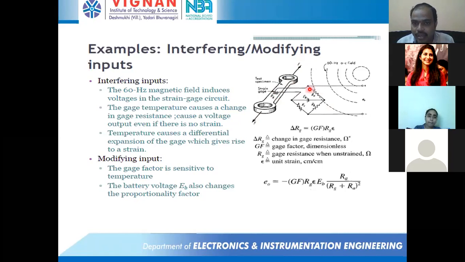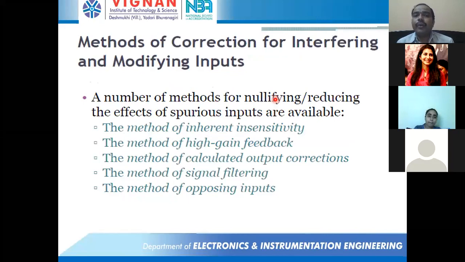So strain gauges are designed to measure strain, but the same material used for the strain gauge will also change its resistance due to change in temperature. Temperature is nothing but an interfering input. Generally, we do not require these interfering and modifying inputs.